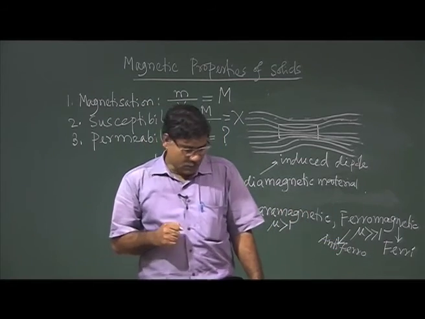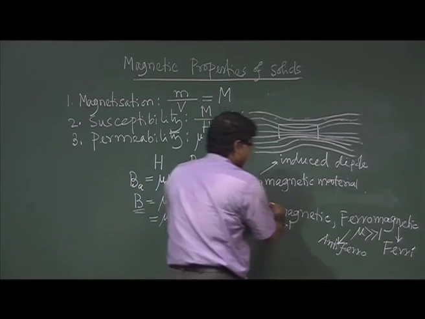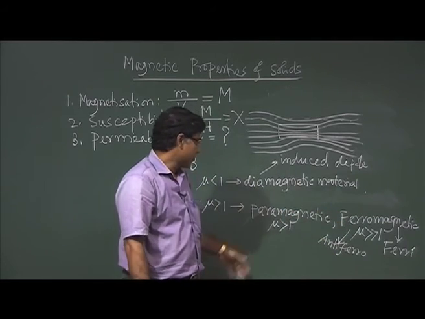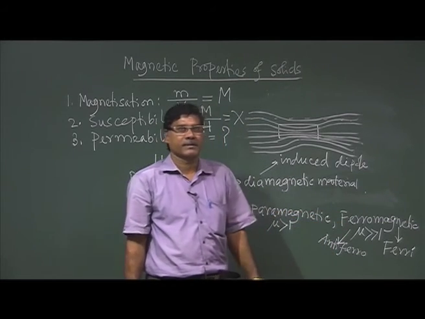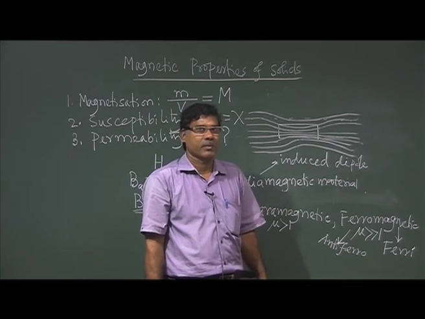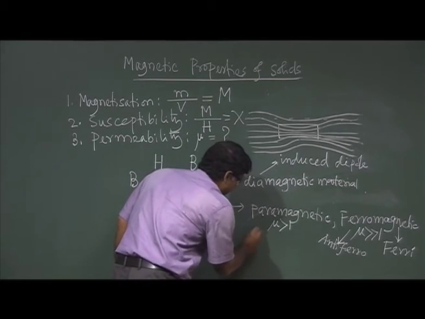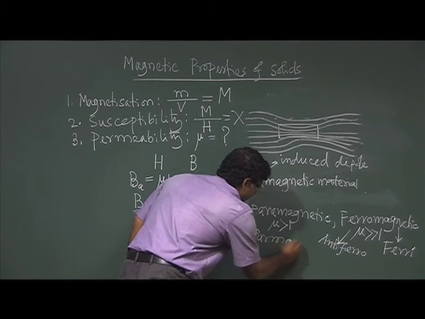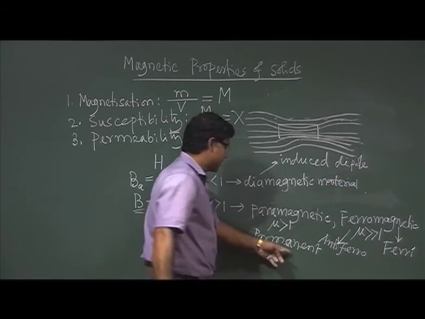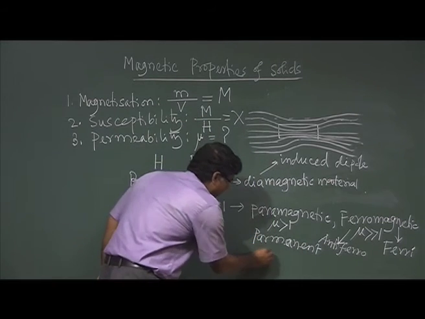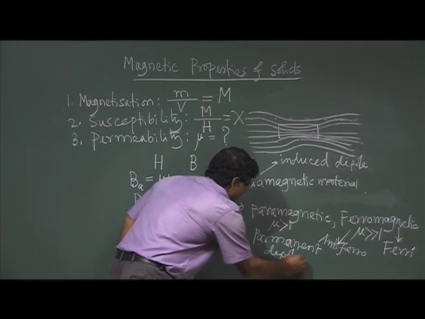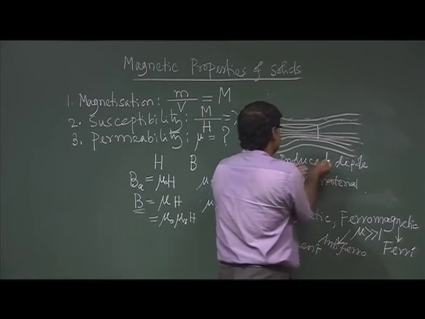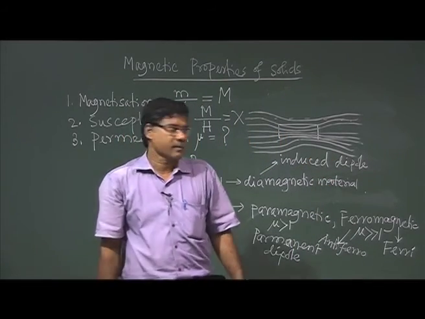Okay. So, permanent dipole moment is compulsory to get ferromagnetic property, paramagnetic property, antiferromagnetic property or ferrimagnetic property. For this, permanent dipole moment is responsible, okay. And for the diamagnetic property, the induced dipole moment is responsible, okay.